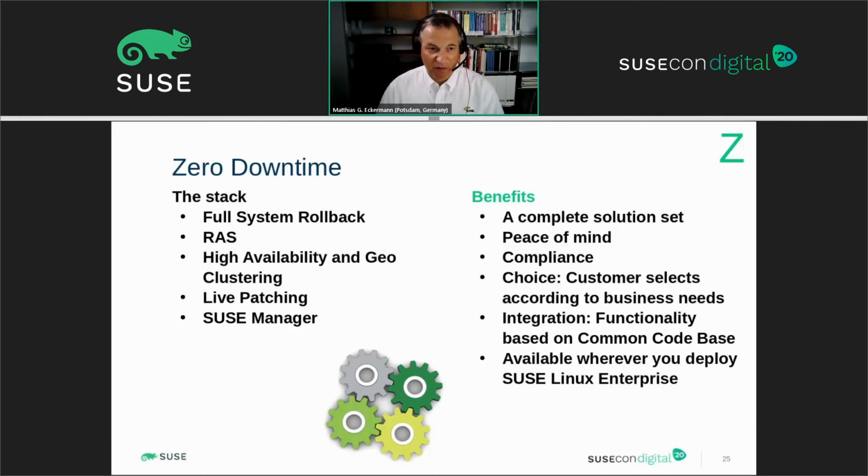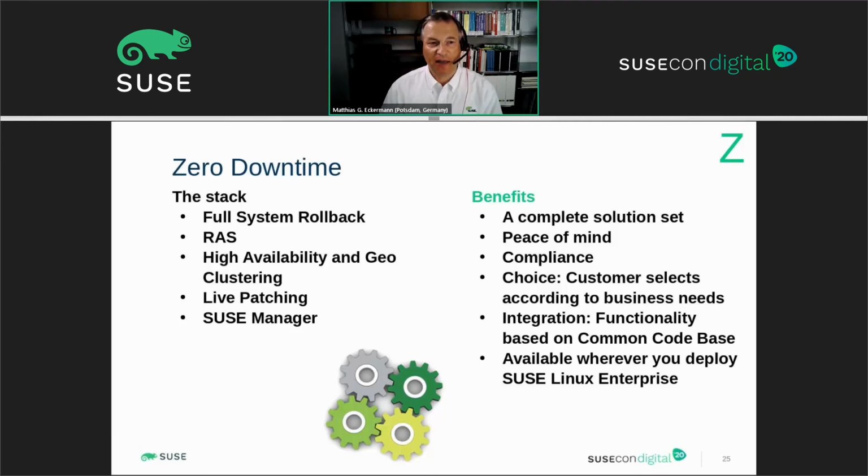So for zero downtime, you need a framework, a tool set at hand that delivers you the capabilities to build an environment that helps you to deliver zero downtime to your customers.